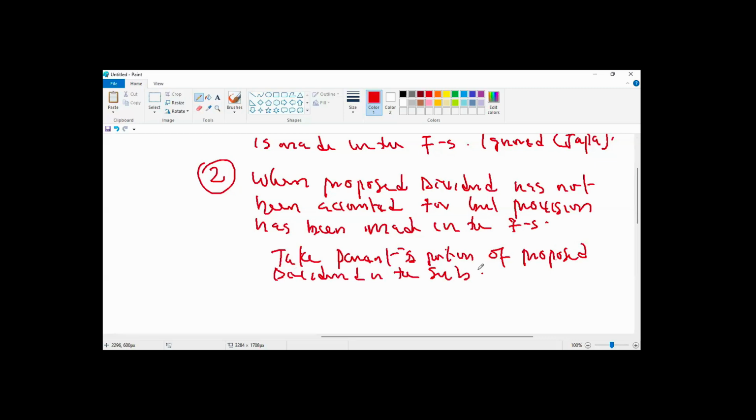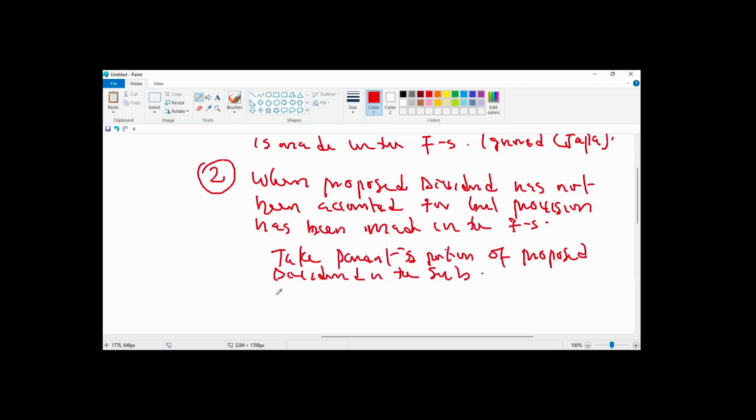There is nothing concerned with the parent proposed dividend, it is the subsidiary. What is the proposed dividend of the subsidiary? Let's see. 200. How much? 1,000. 1,200.